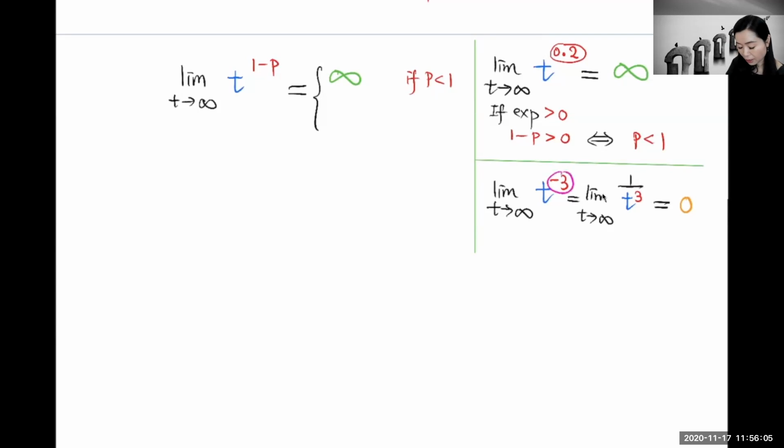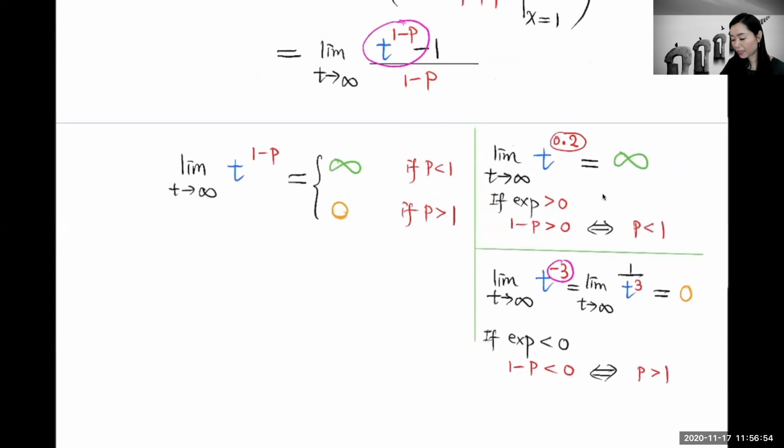If this exponent, 1 minus p, is less than 0, then when t goes to infinity, this limit is going to go to 0. But 1 minus p less than 0 is equivalent to p is greater than 1. So if p is greater than 1, then this limit here will be equal to 0.